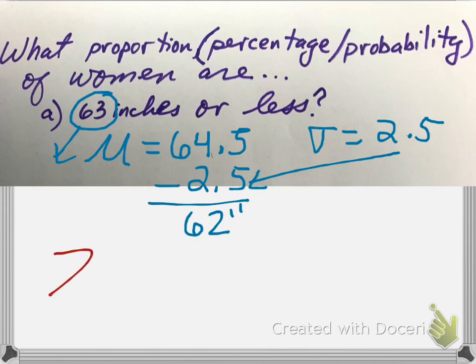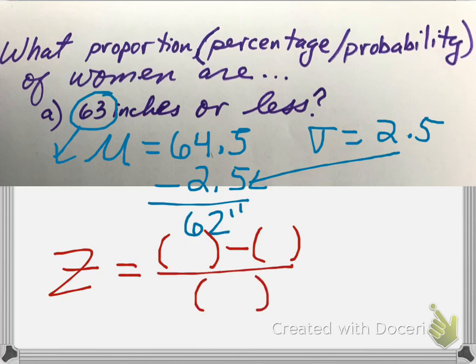So let me unveil to you what's called the Z-score. The Z-score is simply: you subtract two numbers and you divide by one number. In the denominator, you always put the standard deviation, so you're going to be putting 2.5 in this case. In this blank here, you're going to be putting the population mean, so that's going to be 64.5 inches.